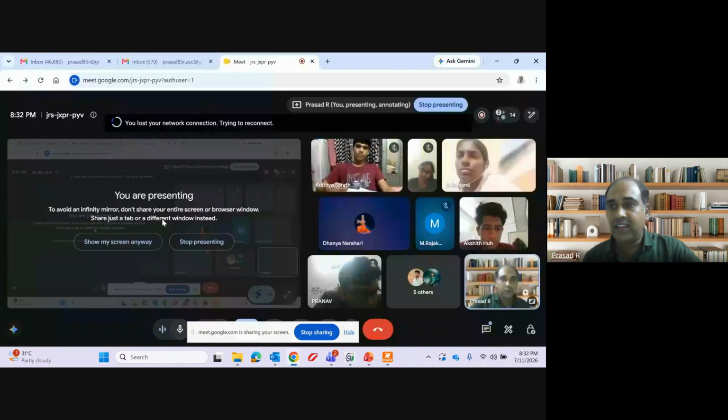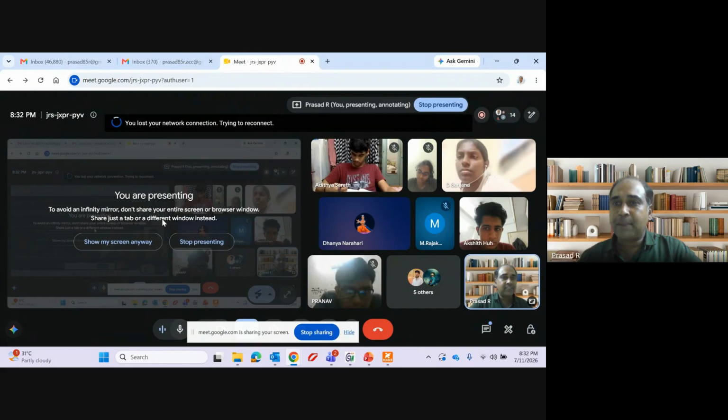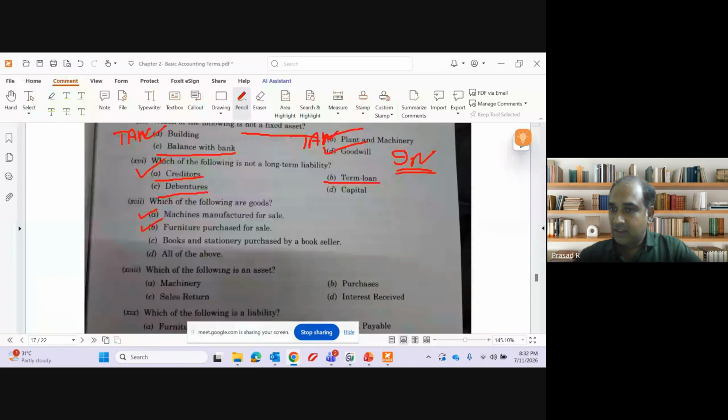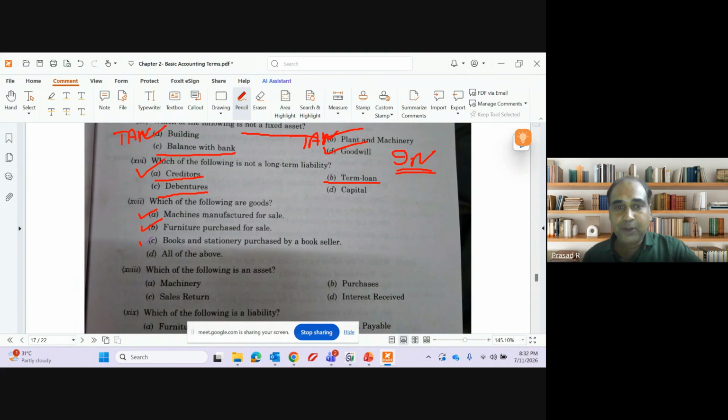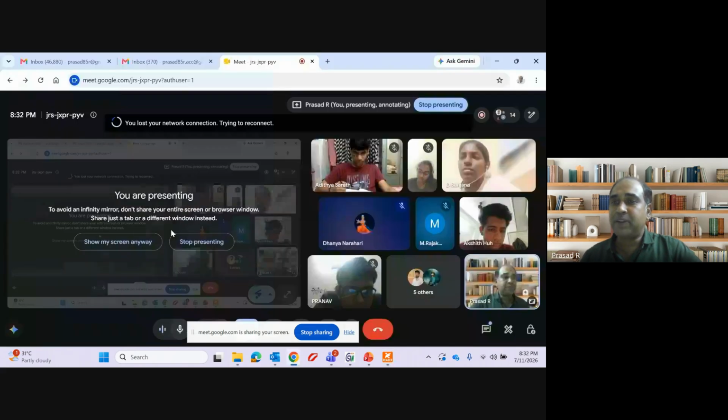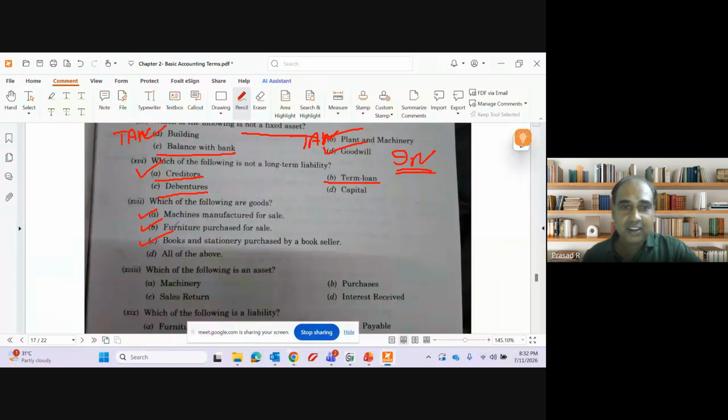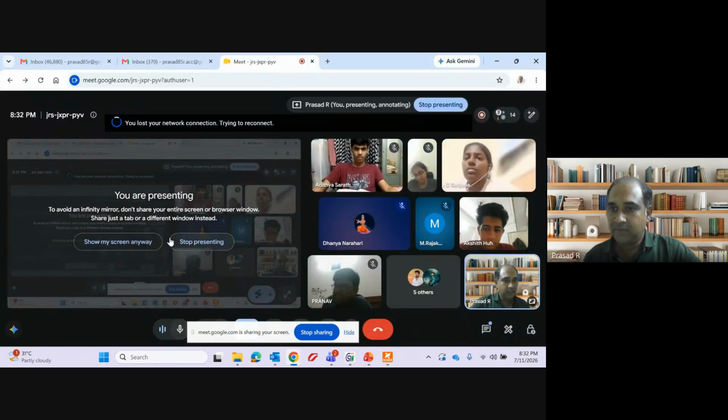Furniture purchased for sale: I repeatedly use the example of a laptop and sofa showroom. Now it is a sofa for me, so a sofa purchased for sale is a good. I am now a stationery dealer, purchasing books for sale and selling them. That is also a sale. So the answer is all of the above. Clear? Any doubt?